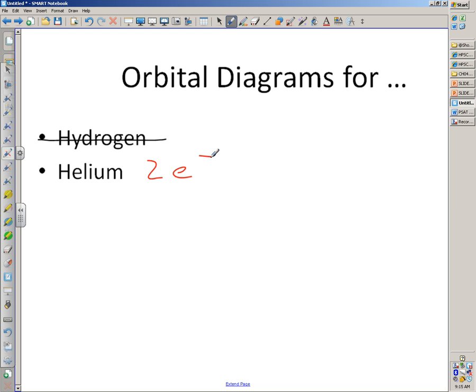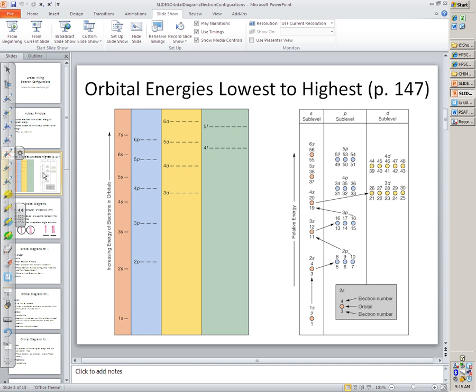When we talked about it yesterday, and I just put it up on the board as well, how many electrons can each orbital hold? 2. So we start back on our orbital filling diagram. Ben, you already told us the first one that we come across is the 1s orbital.